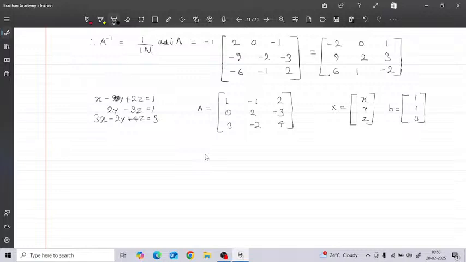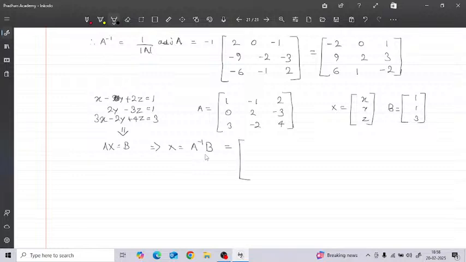Okay, so I can write this in matrix form as AX equals to B. Now we have already calculated the A inverse. We know that A inverse exists. So let's multiply with A inverse both sides. After multiplying both, we will get A inverse B.